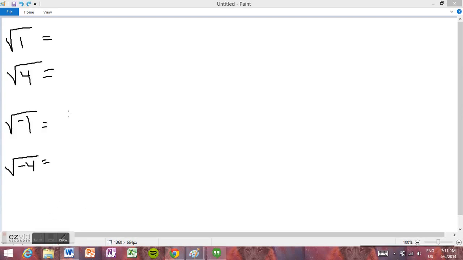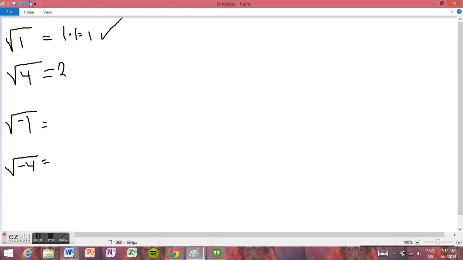Before we continue, I will have to give you a few more examples of why negative numbers cannot work in square roots. So the square root of 1 is 1, because 1 times 1 equals 1, which are both positive. The square root of 4 is 2, because 2 times 2 is 4.